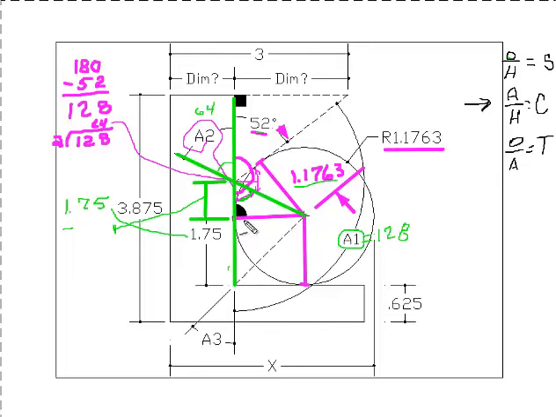I do have this side here, but that doesn't match. I have to have the adjacent. So remember, the way this formula works is the one on the top is the one that you're looking for. The one on the bottom is the one that you have. That means that you're going to have to use secondary functions, which means the cosecant, the secant, and the cotangent.